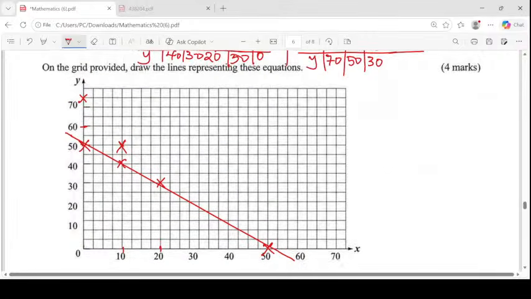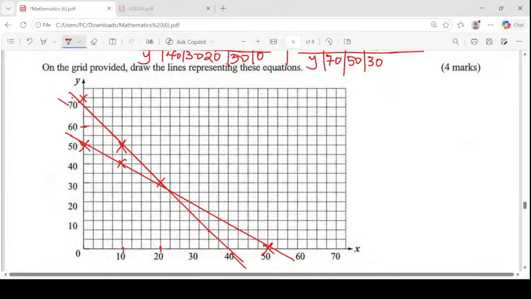Then from this, you can draw the line, like that.